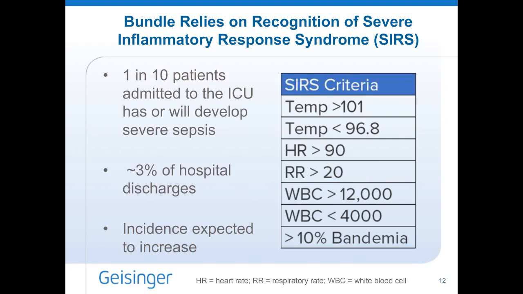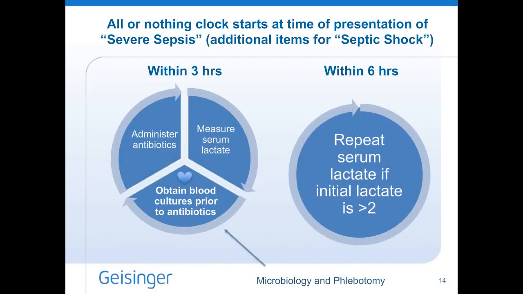Now, what part does the laboratory play? Well, the Step 1 measures require an all-or-nothing approach to the clock starting at the time of presentation to the ED for severe sepsis and for septic shock.